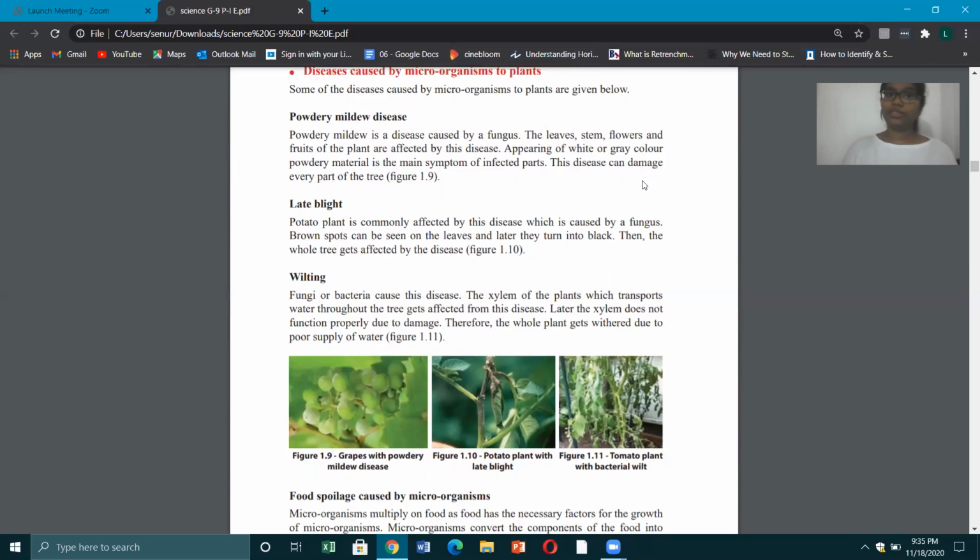Powdery mildew disease is a disease caused by a fungus. And what are the parts of the plants which are being affected by this disease? The leaves, the stems, the flowers, and the fruits of the plant are being affected. Okay. Appearing of white or gray color powdered material is the main symptom of infected parts, and this disease can damage every part of the tree.